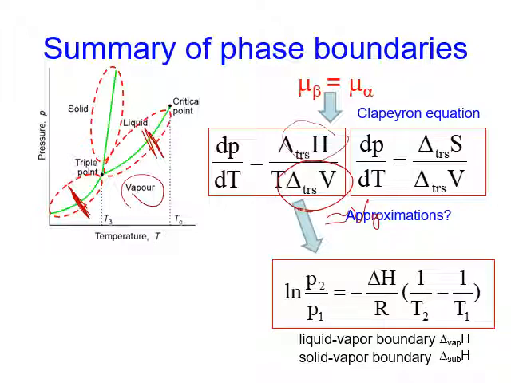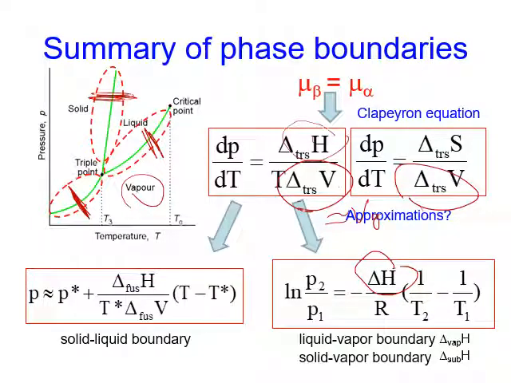So this equation applies to both the liquid vapor phase boundary and the solid vapor phase boundary. The only difference is one is vaporization enthalpy, one is sublimation enthalpy. Now for the solid liquid phase boundary, we assume the volume change, delta V, is constant. Delta H is also constant, so we derived this solid liquid boundary equation.